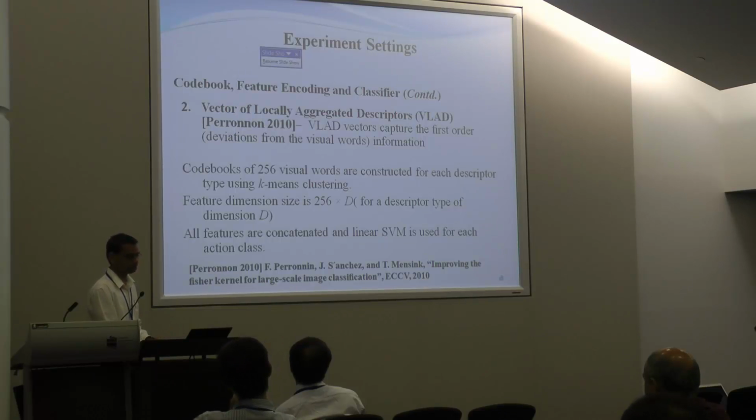So the length of the feature is 256 times d, where d is the dimension of the descriptor. If it is HOF, it is 96. If it is trajectory shape, it is 30, and it varies like that. In this case, because they are not histograms, we cannot use the chi-square kernel or nonlinear SVM. But what we can do is concatenate all the features, and because the feature is now very long, we can directly use a linear SVM.